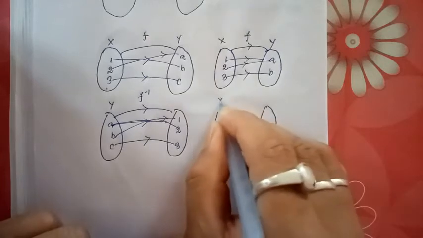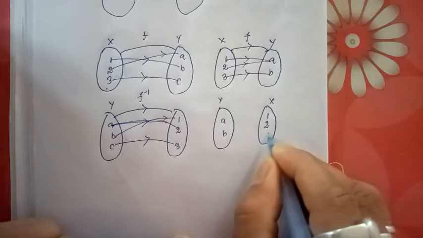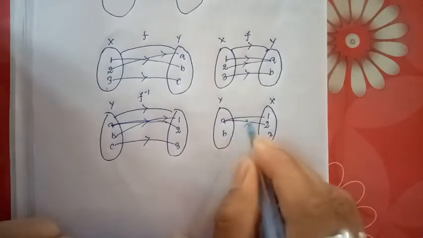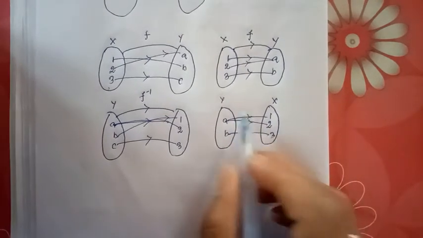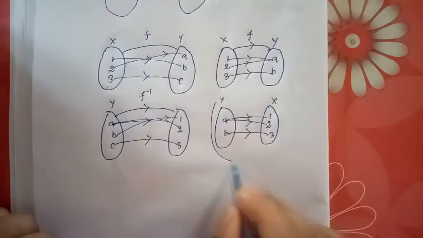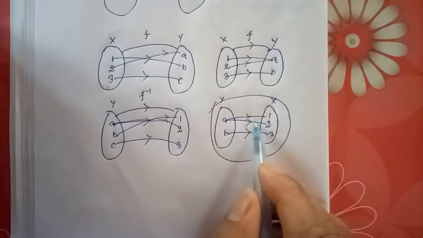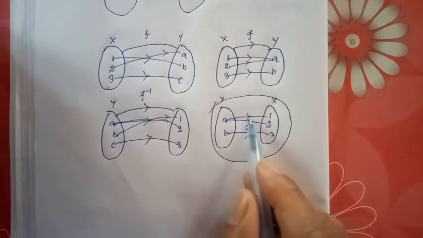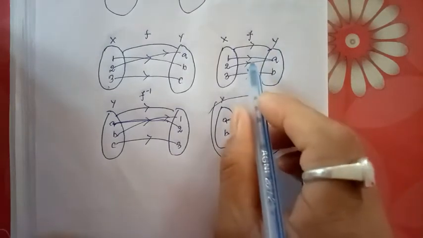A, B, then this is 1, 2, 3. A is going to this, and B with 3. So you see, this is not considered a function, because our image is not distinct. As we discussed earlier in the previous class, this is not considered a function.